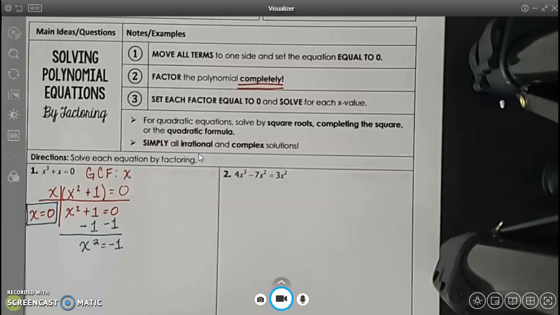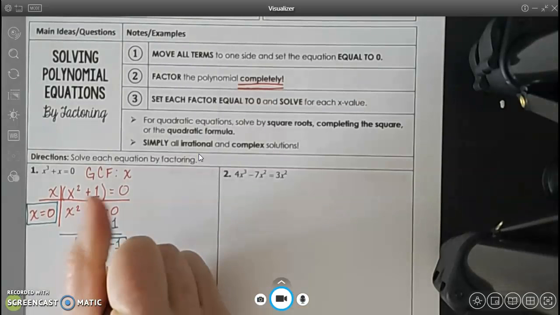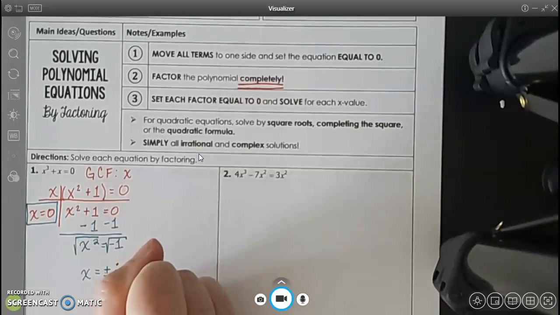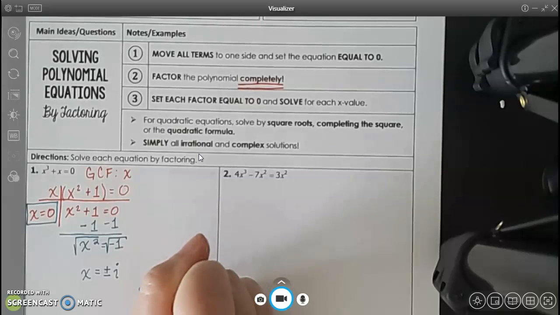Well, since it's negative, we know that it's imaginary, so we're going to have i in our solution, and the square root of 1 is 1. So the answer is plus or minus i. So we have 3 solutions: i, negative i, and 0.